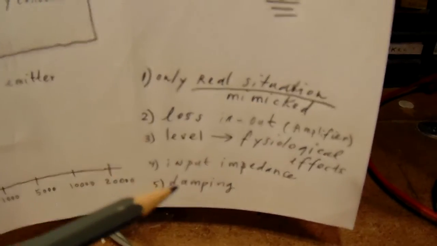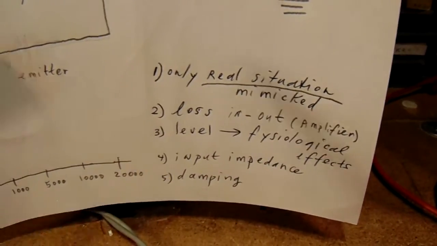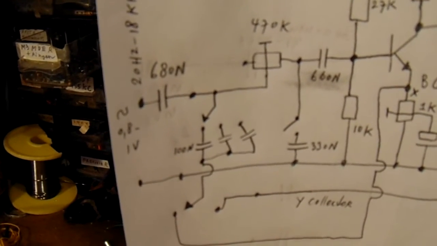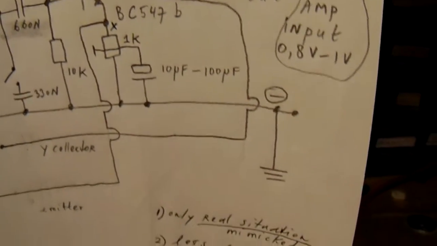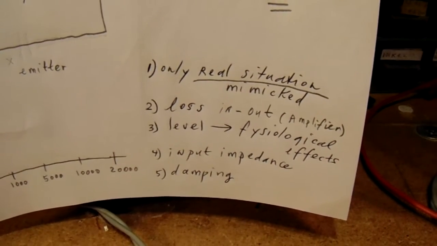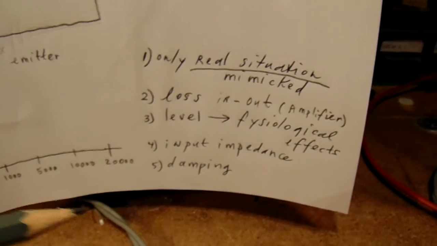The output level is important, and the input level. The input level is, in my example, approximately 0.8 up to 1 volt. Output the same. Those are standard values for consumer audio devices.